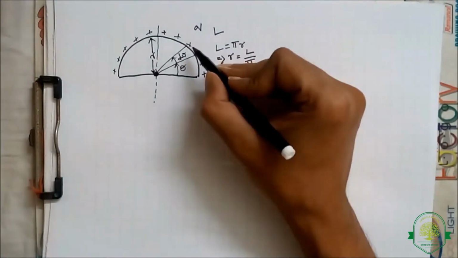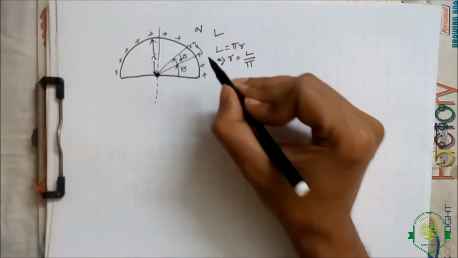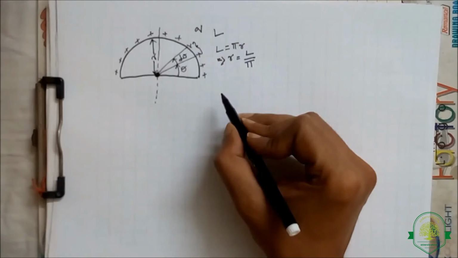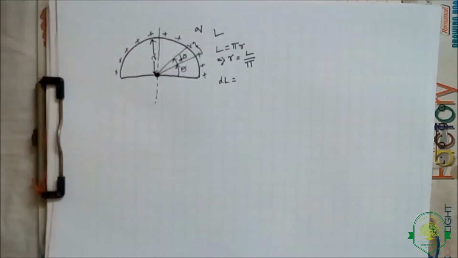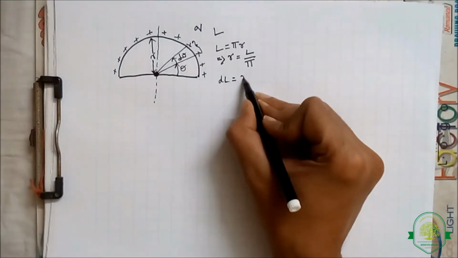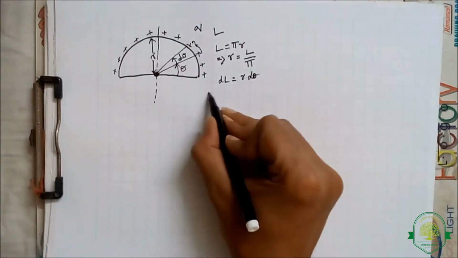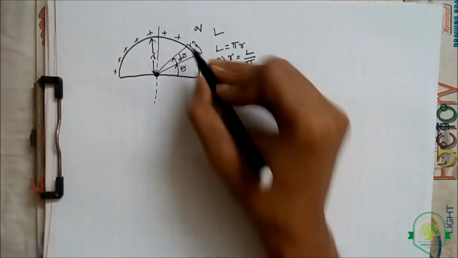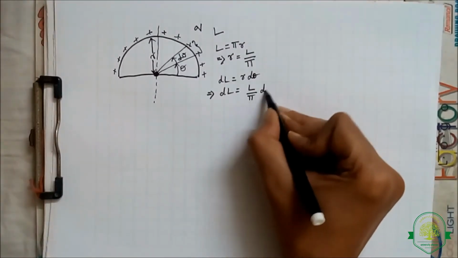Okay, so we know from math that the length of this portion is r d theta. So we can say that dl, the small length, is r times d theta. And we know that r is just L over pi, so the length of this portion is L over pi d theta.